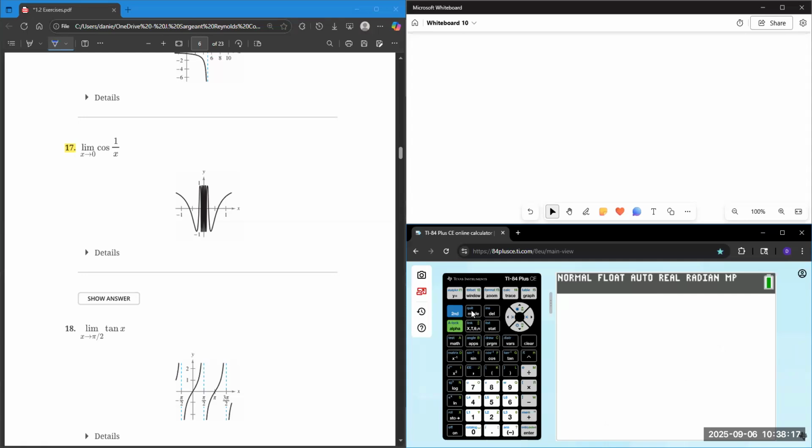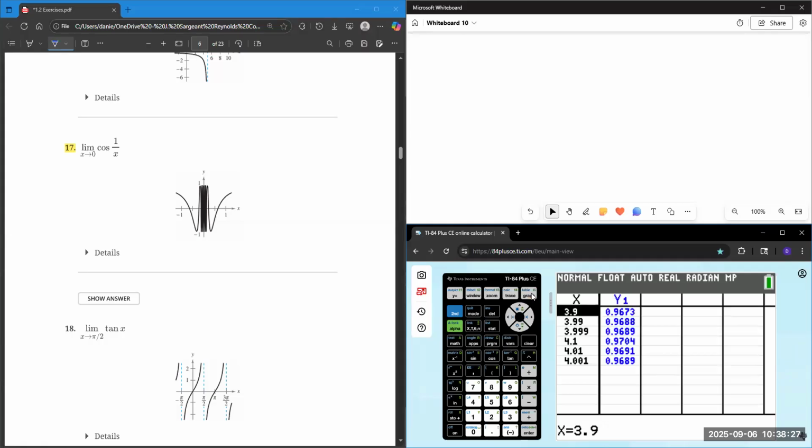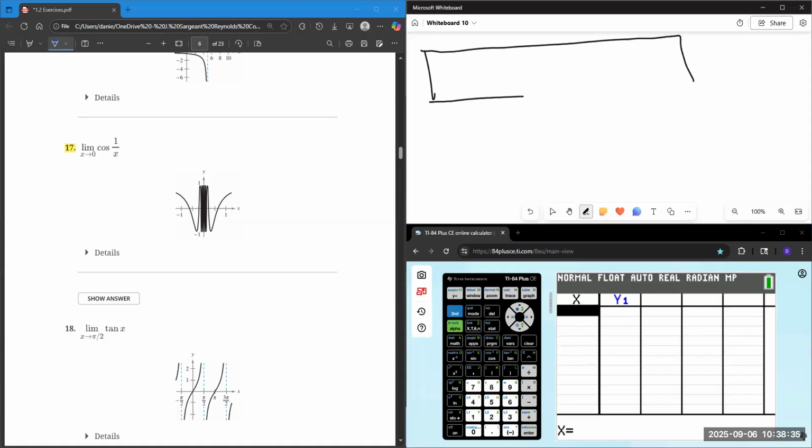And let's go ahead and try to evaluate this. So let's get close to 0 from the left. Let's make a table. Say we don't know what's happening at 0.